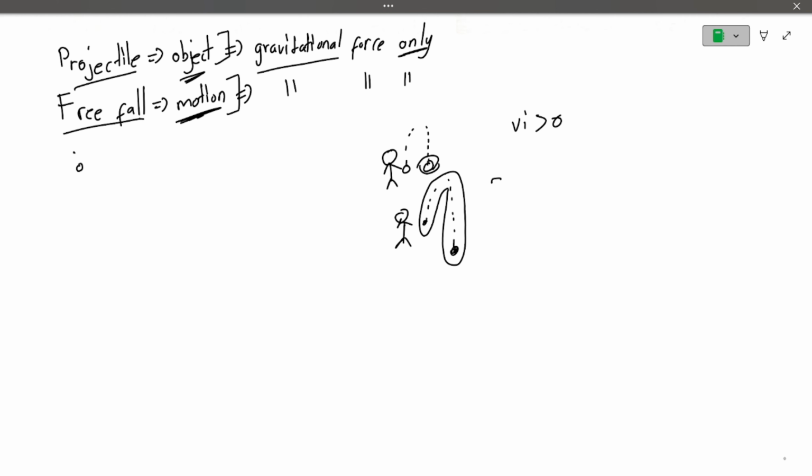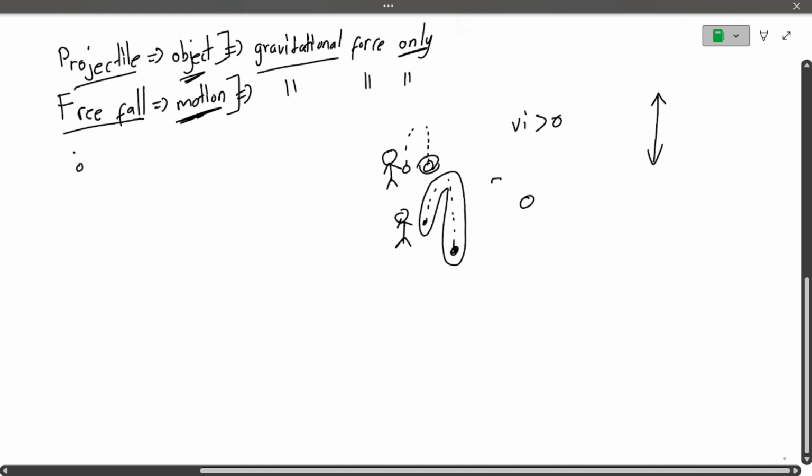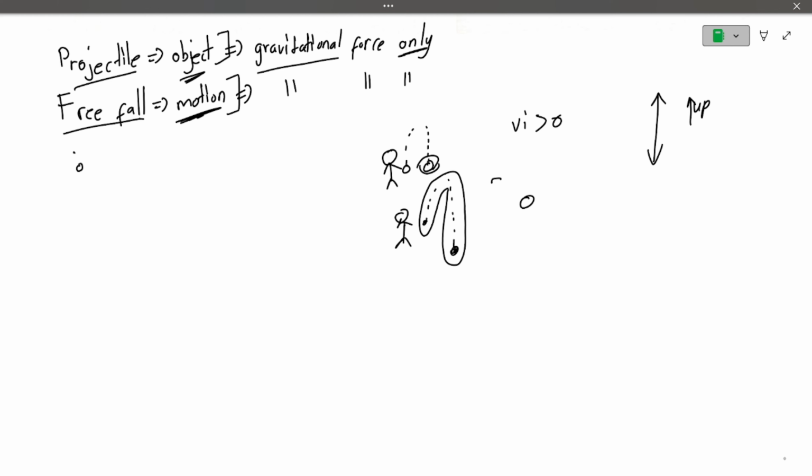So what do they mean when they say the only force acting on an object is gravitational force? In vertical projectile motion, we deal with the movement of the ball in the vertical plane. Either the ball is going up or the ball is going down.